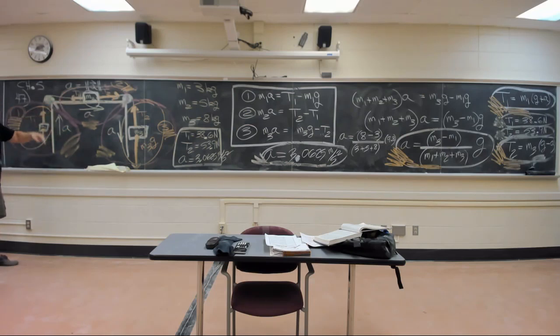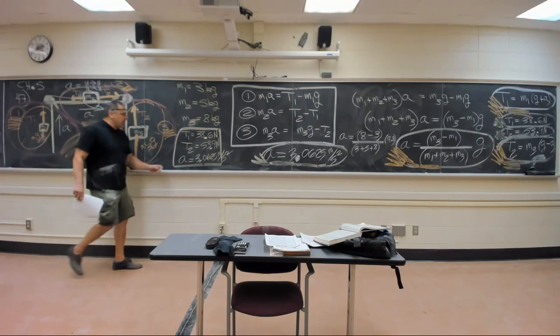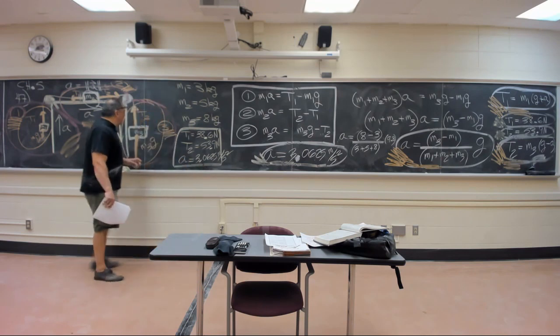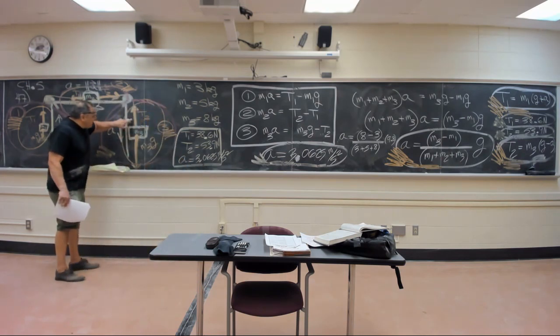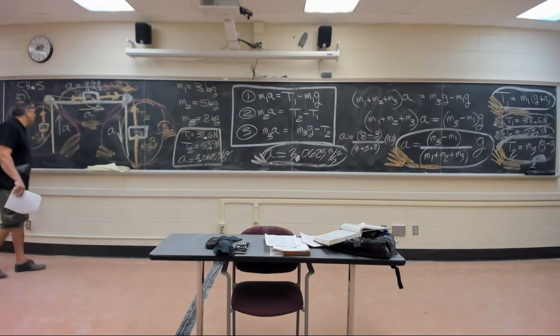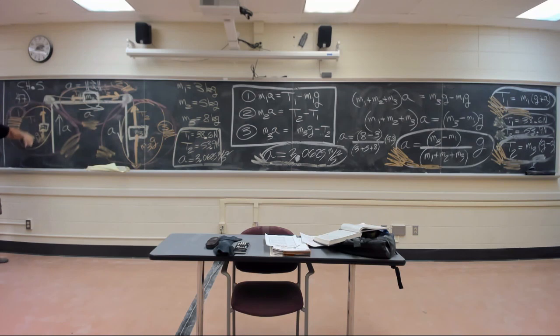Less acceleration means this guy is going to pull hard enough that you can't fall as well as you did before. T2 is going to be bigger if you've got smaller acceleration. T1 is going to be smaller because he won't pull you up as hard.